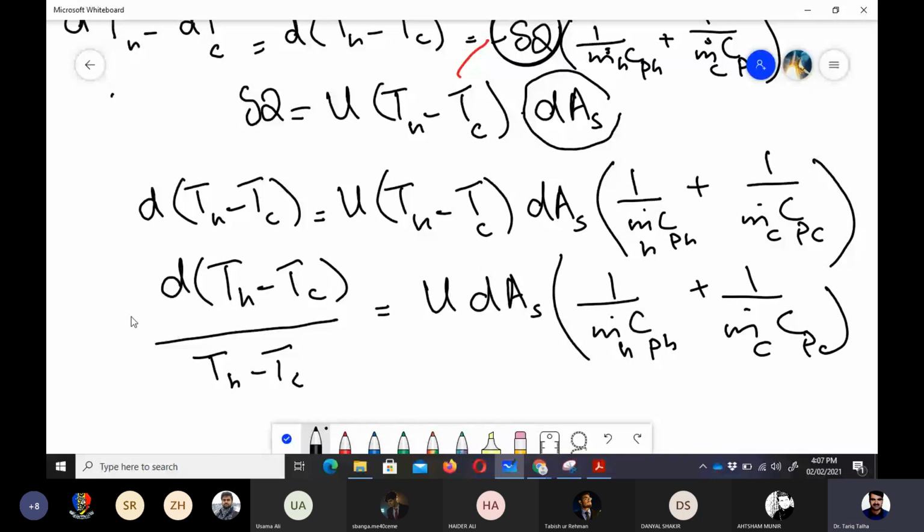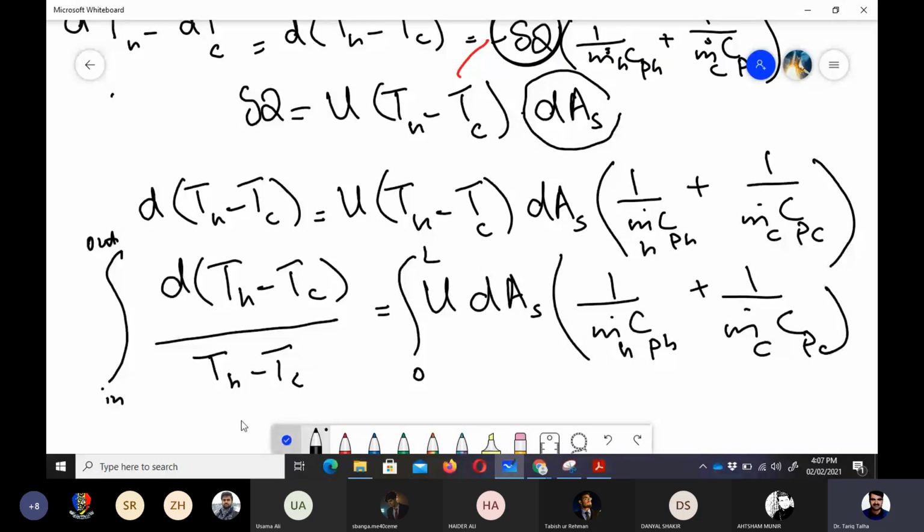Now, if we take the integral, if we want to do the analysis for the whole pipe, here we can take the limits from in to out, and here the limits for the surface area would be from 0 to the length L of the pipe.